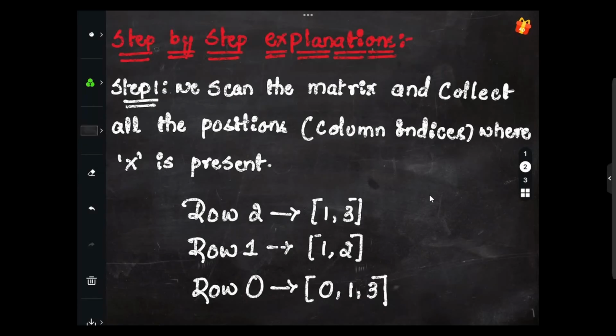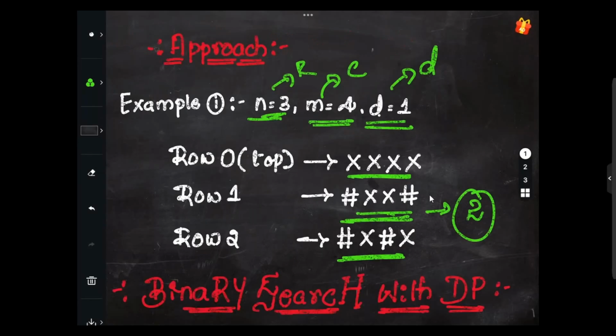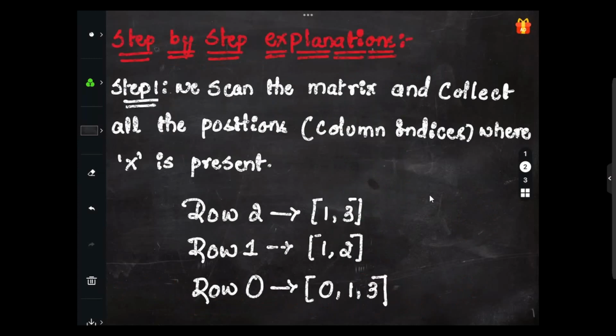First step here is we scan the matrix and collect all the possible positions. When I say positions, I am speaking of the column indices, so don't get confused here. We scan the matrix and collect all the column indices where x is present.